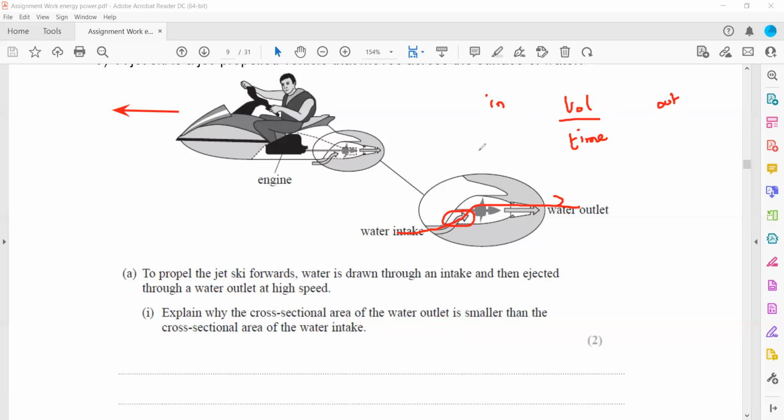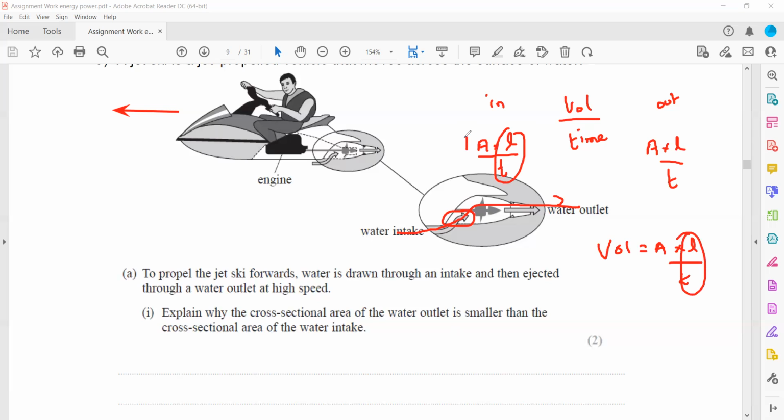So for the one with a large area, this is the velocity, because volume is area multiplied by length, so volume per time is area multiplied by length divided by time. Here length divided by time is the velocity, and this product should be constant.